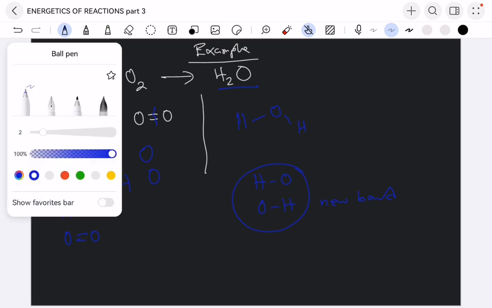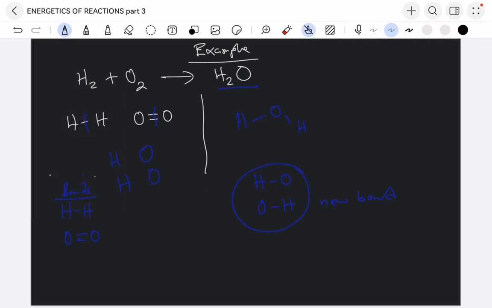So endothermic means that it requires heat to be absorbed. So when the reaction is endothermic in nature, it means that we need a good quantity of energy to have these bonds broken.